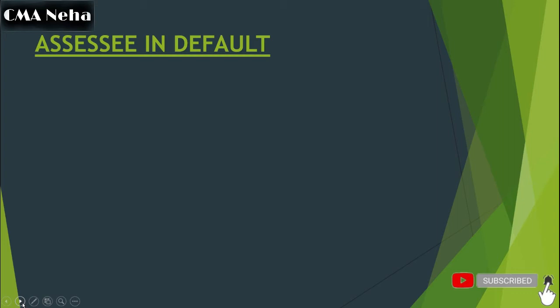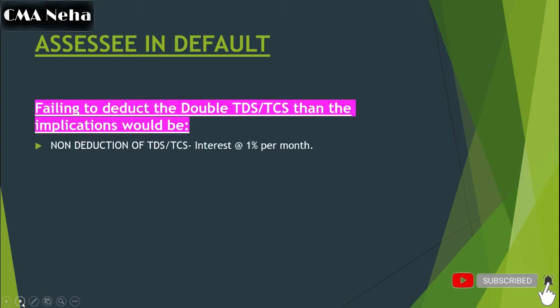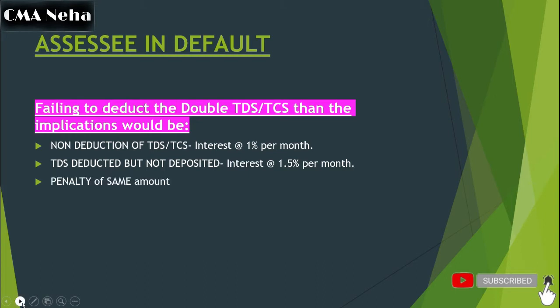If you fail to deduct the TDS as per the section, even if the particular payee was covered under the section, so क्या होगा, तो यहाँ पे आपका जो non deduction of TDS and TCS पे you have to pay 1% interest per month. If you have deducted the TDS but you fail to deposit it, then 1.5% interest per month and penalty of the same amount you have to pay.